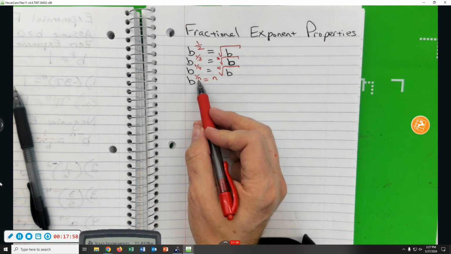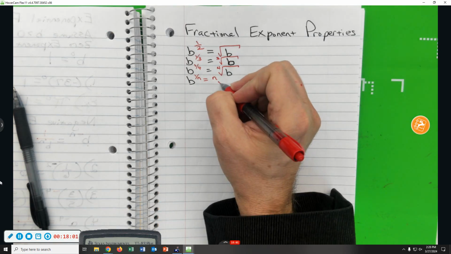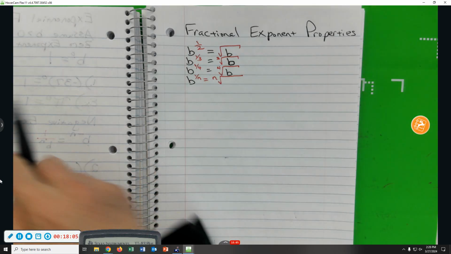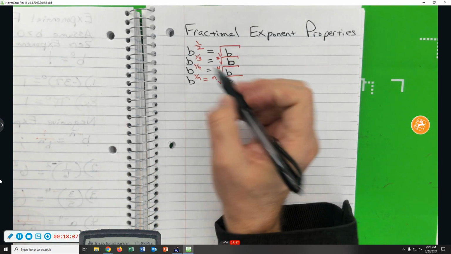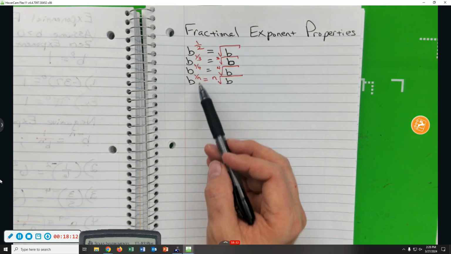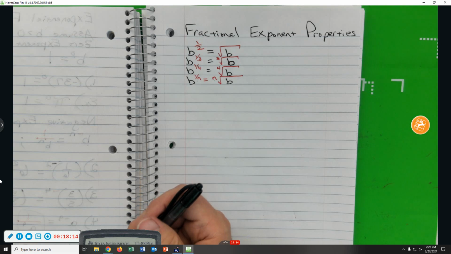Whatever that denominator is, that's the little thing that you put on the radical. That's called the index. If the fraction's in the form 1 over, that denominator is the index of the radical.